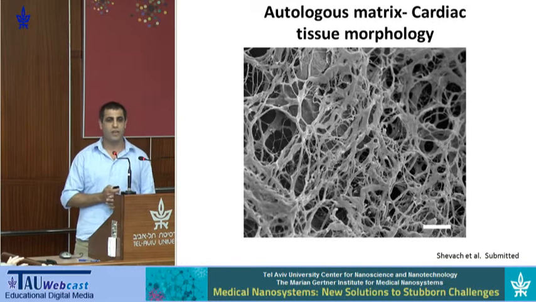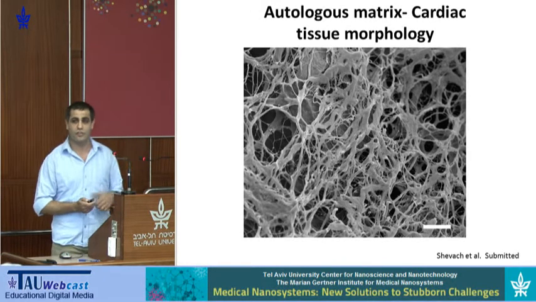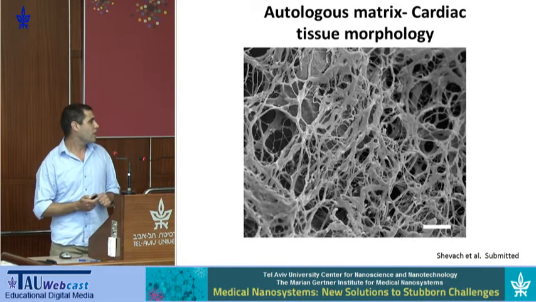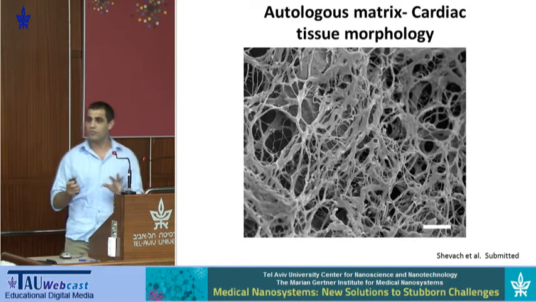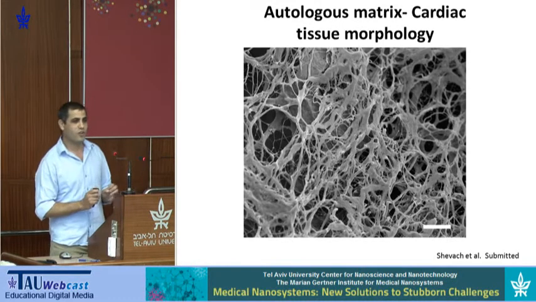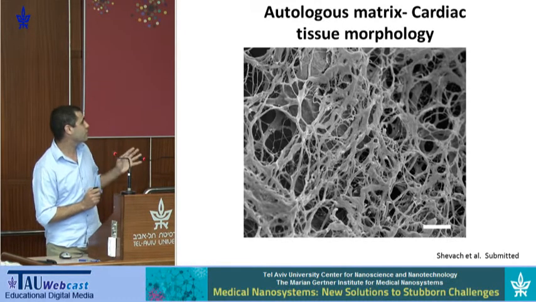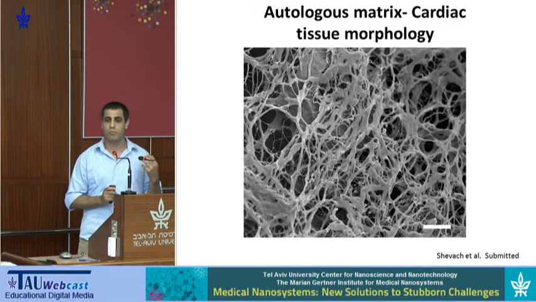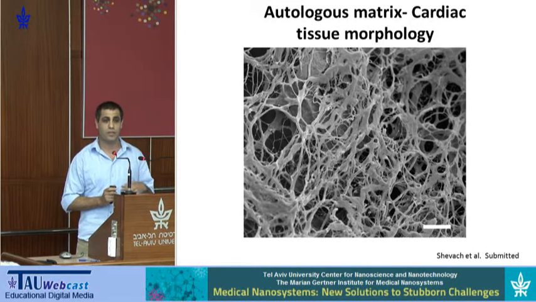Another problem that we have is that the biomaterials that we're using, sometimes they're not really biocompatible. Sometimes they trigger an immunogenic response. So without disclosing too much, I see that people from Ramot are here. So without disclosing so much, I will say that we were able to create some biomaterials that are based on the patient's own molecules.